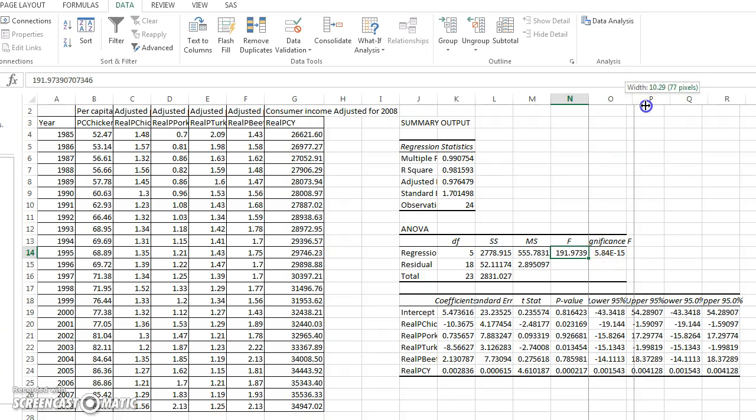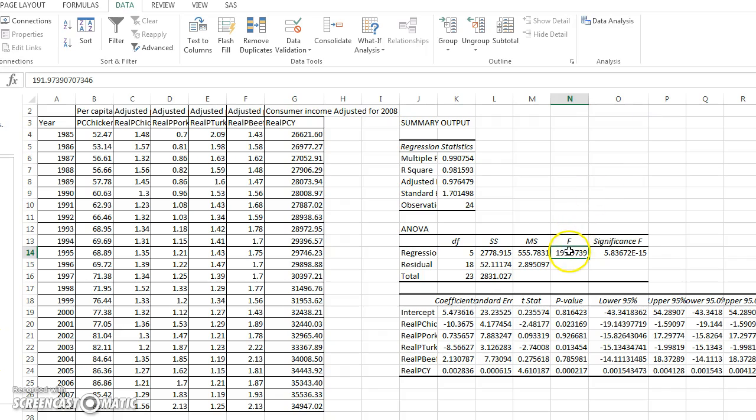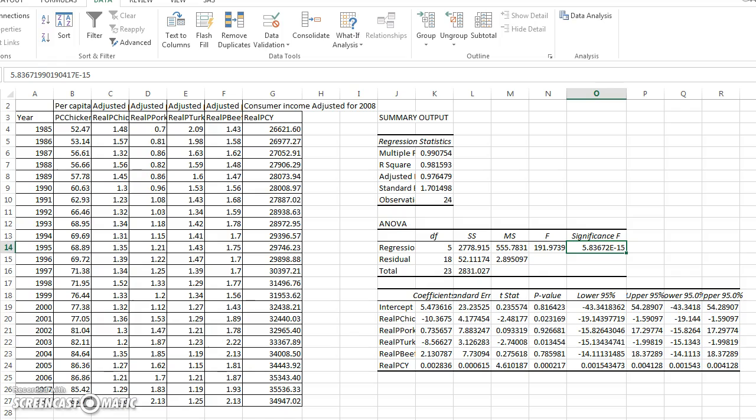If it is below 5, and in my case that's not true, my number is a lot bigger than 5. But if it is below 5, I'm going to check the significance of F. We have a very, very small significance of F. In my case, I can confidently move to the next table.